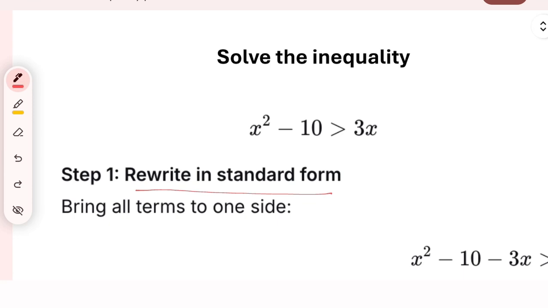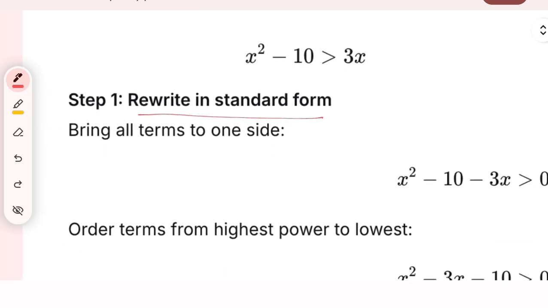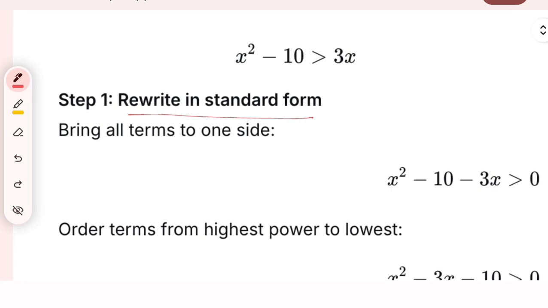That means you need to bring all terms to one side and the other side must be 0, like this. So you put 3x on the other side, combine it with the rest of the terms, and then the other side must only have a 0. So that is what we call a standard form.